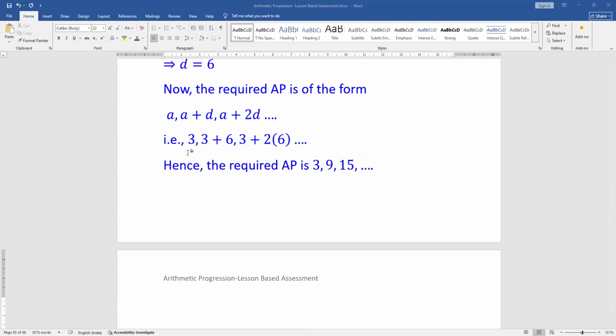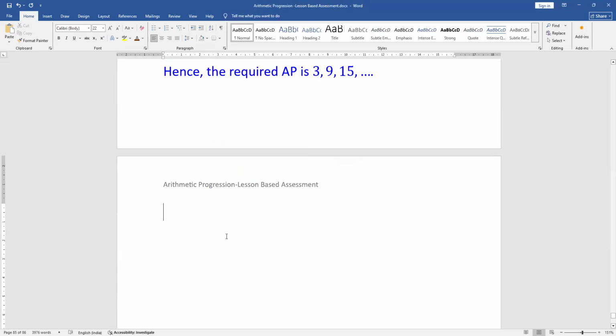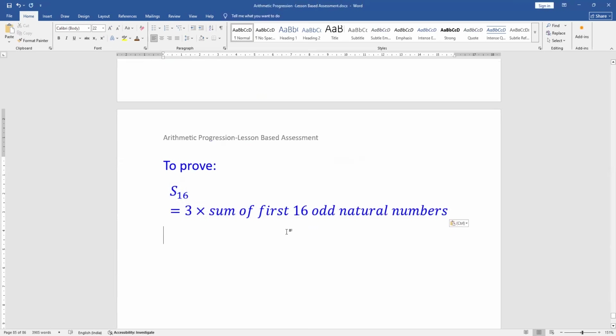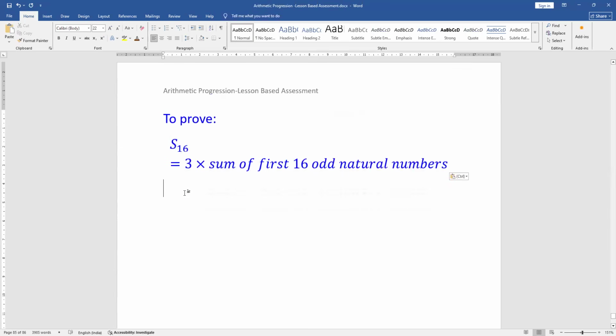Next part, they have asked for another proof. What we need to prove is that S16 equals 3 into the sum of the first 16 odd natural numbers. We know that the sum of the first n odd natural numbers is given by n square.